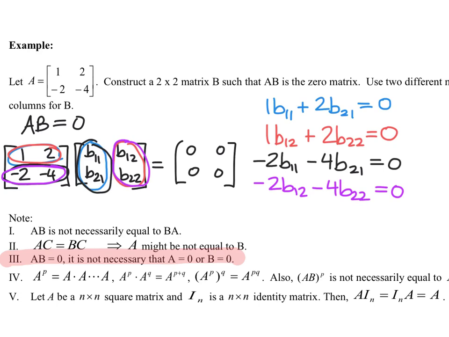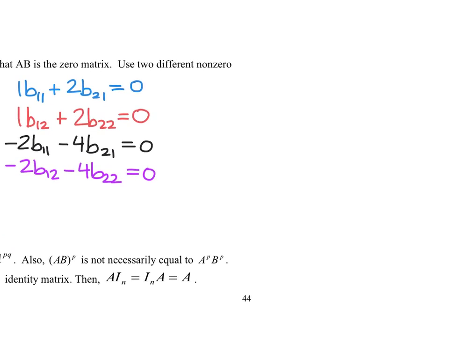So if I solve the first and third equations as a system, and the second and fourth equations as a system, then I'll have the solutions that I'm looking for. So that's what I'm going to do. But we had to get through the setup phase. All right? Because they're actually in the right format. We're looking at a homogeneous system. So we have coefficients of 1, -2, 2, -4, 0, 0.